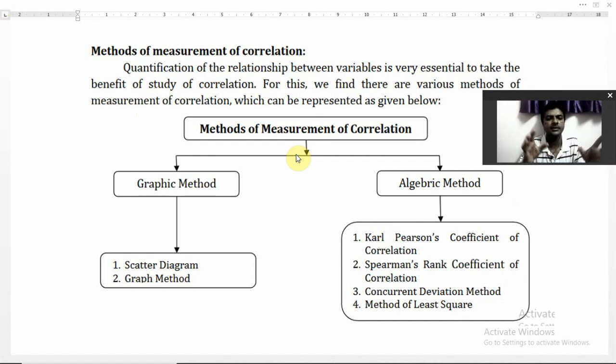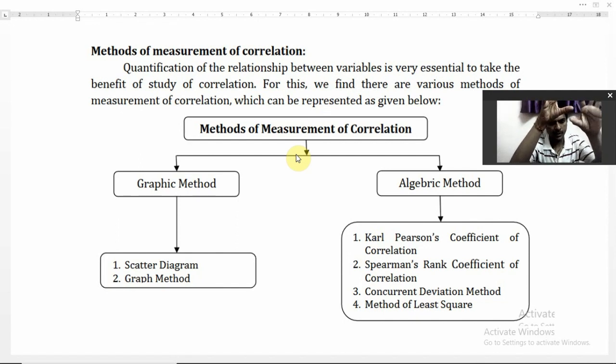In the graphical method, you can see a scatter diagram. If in this diagram the points are scattered in one direction only along the x-axis, then we say it is no correlation. If the scattered points rise from bottom to top, then we say it is a positive correlation.